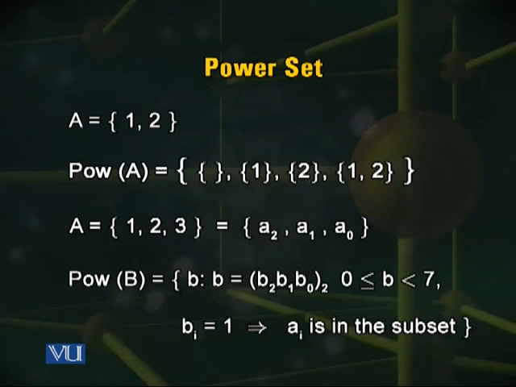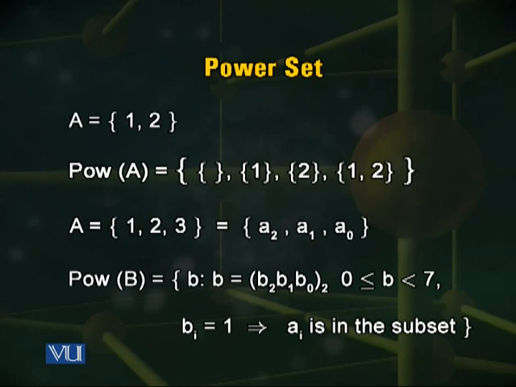For example, if all bits are 0, B2, B1, B0 is 0, we are talking about binary number 0, then this represents an empty set because none of the three elements will be present in the set. And if we are looking at binary number 111, which is 7, which implies that bits B2, B1 and B0 are all 1, then all elements of set A, 1, 2, 3 will be in the subset which has a correspondence between itself and the number 7, which is the set itself.